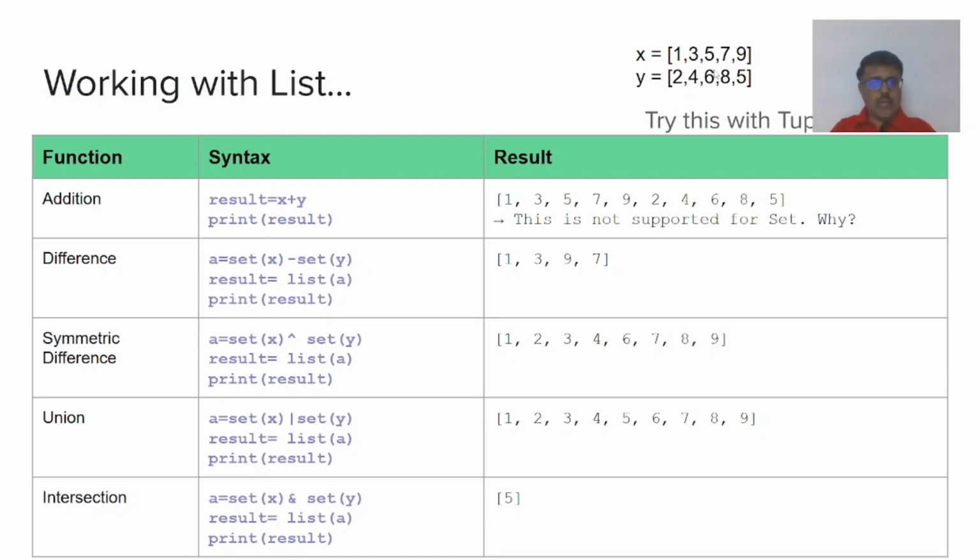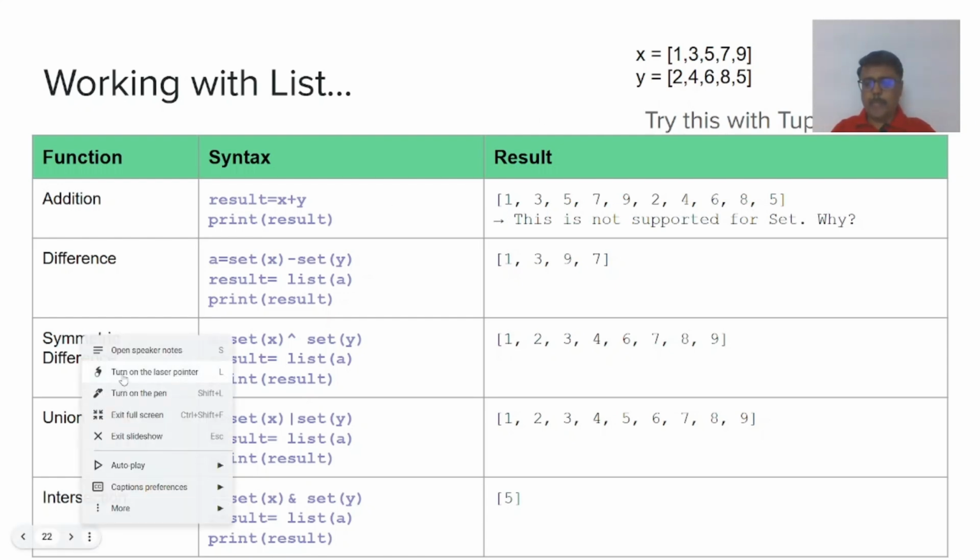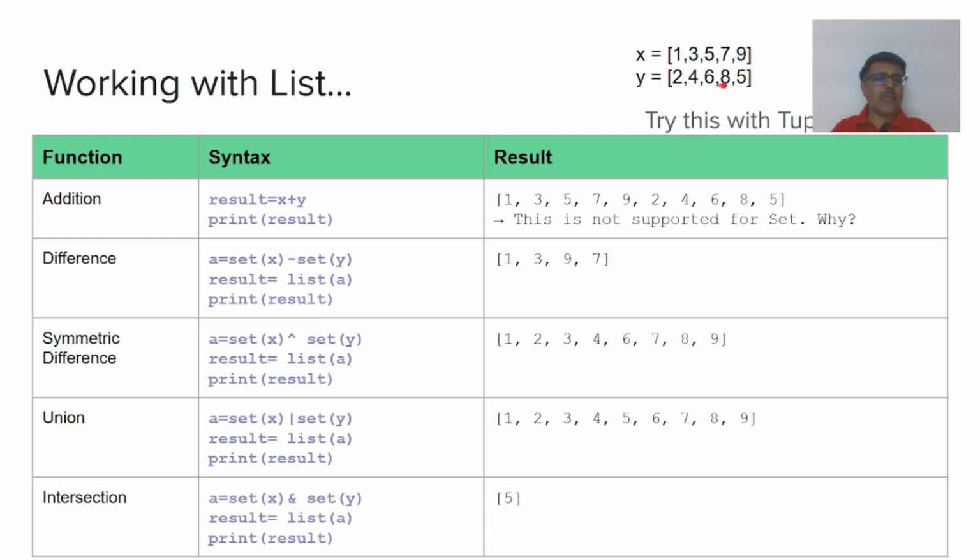So let's take X as a list of 1, 3, 5, 7, 9, and Y as 2, 4, 6, 8, and purposefully I'm giving a value 5, which is here.